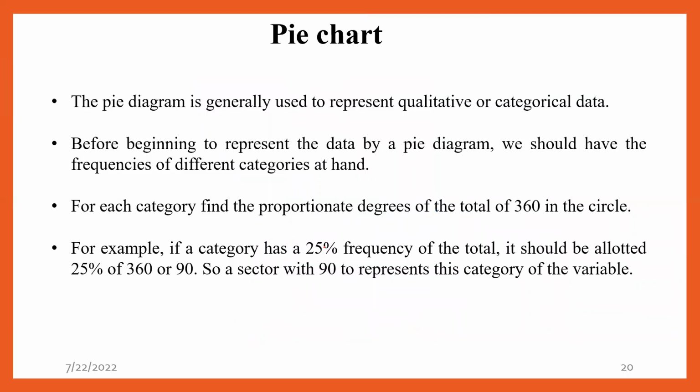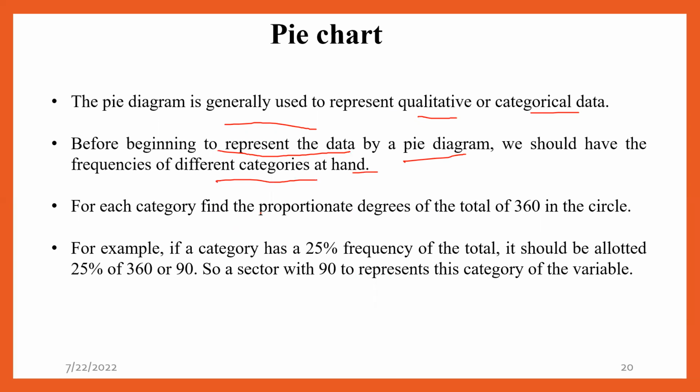Now we'll discuss the pie chart, which is very important. We need to understand it; it is very useful in research. The pie diagram is generally used to represent qualitative or categorical data. Before beginning to represent the data by a pie diagram, we should have the frequency of the different categories at hand.